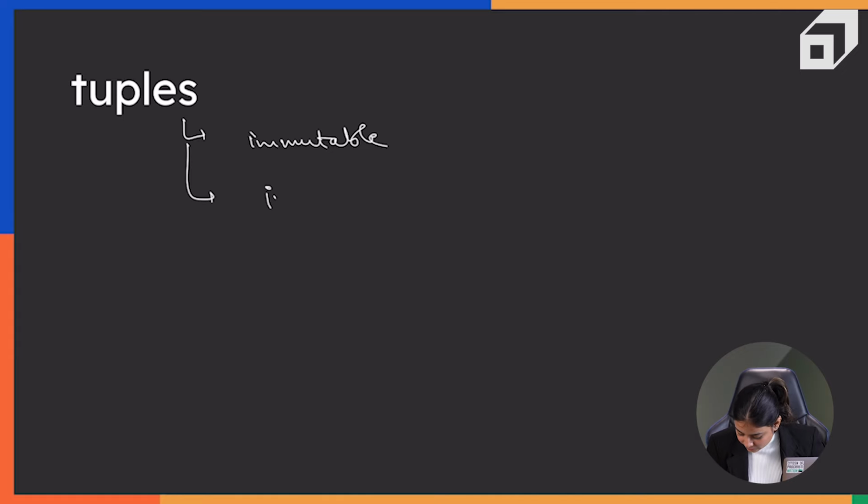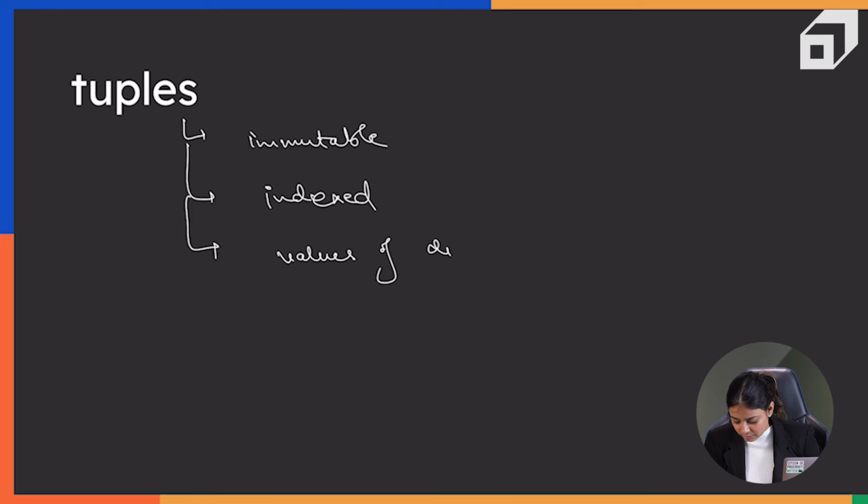It is indexed like list, so we can get the elements of a tuple using their index, and it can again contain values of different data types, and these are ordered, meaning the values in a tuple will contain some particular order. The major difference between list and tuples is the immutability. Lists, values you can change, update. Tuples, you cannot do that. How do you create a tuple?